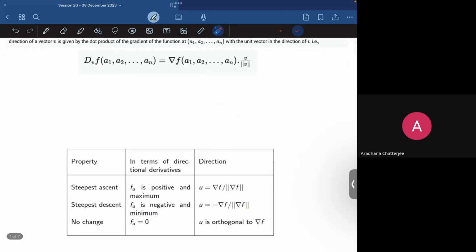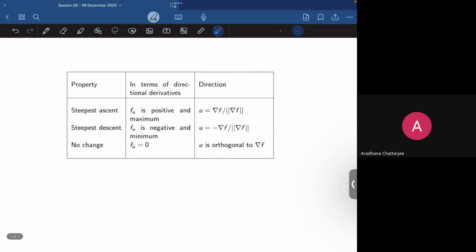Okay, so now the unit vector, we can find it from this only. If we are finding steepest ascent, or we're trying to maximize the function, then the unit vector, or the direction in which we're maximizing, is given by the gradient divided by the norm of the gradient at that point, whatever point you have.